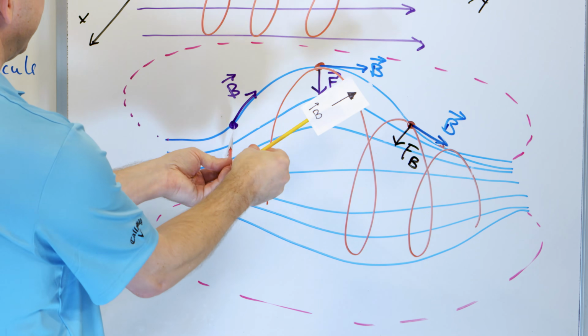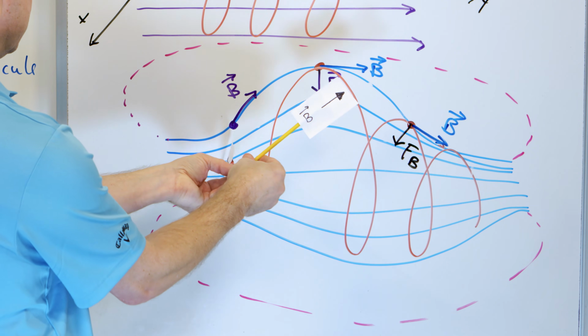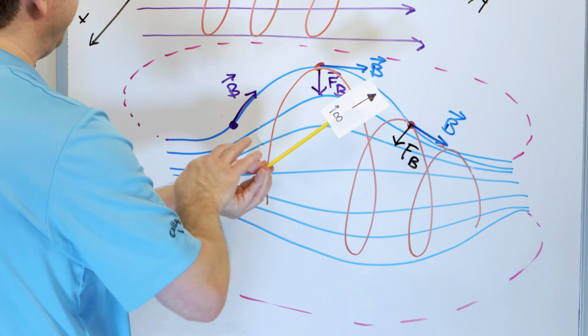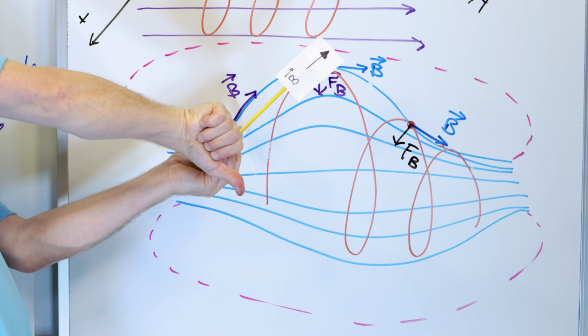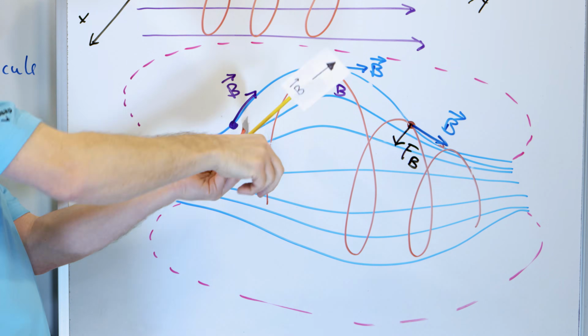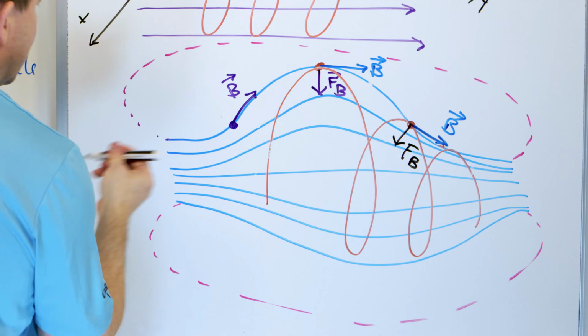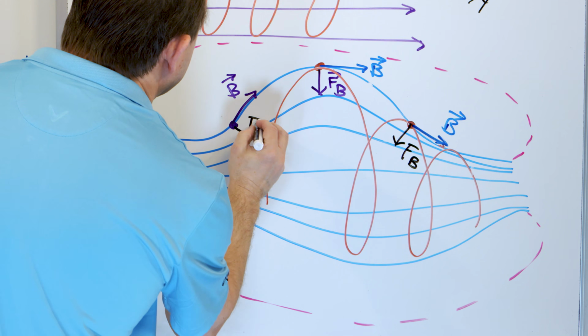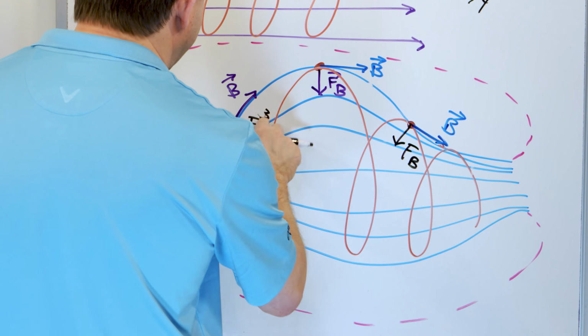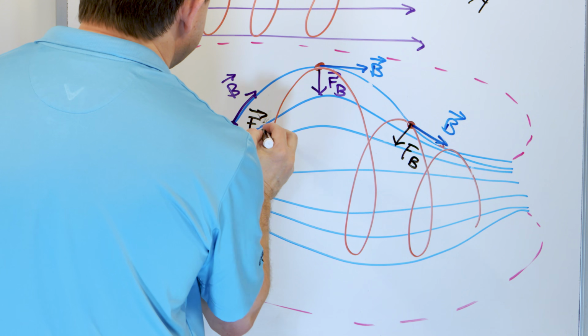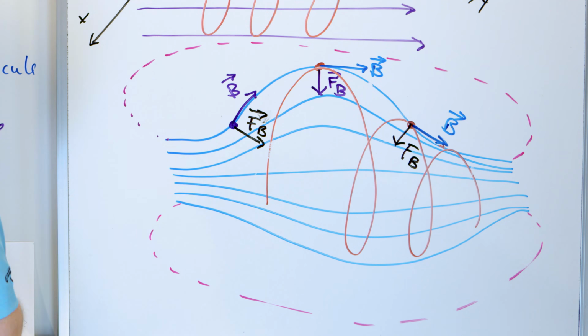So you have a field up and you have a velocity into the board. Then you have a situation something like this. V cross B means I grab and I point this way. Where's my thumb pointing? It's pointing at an angle down, which means the magnetic force is at an angle in this direction.